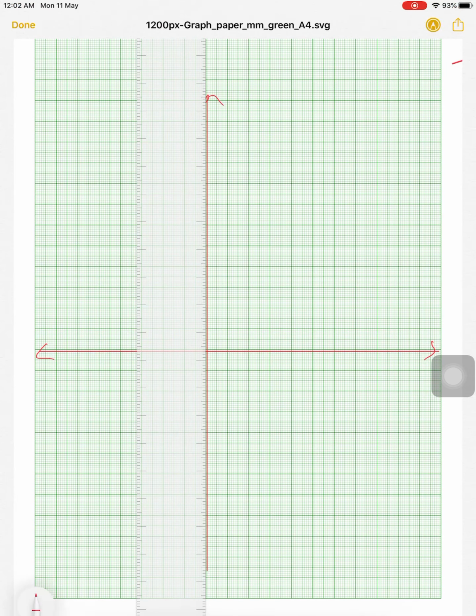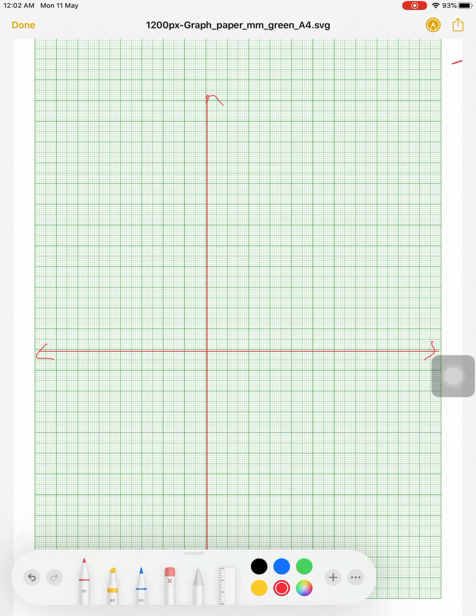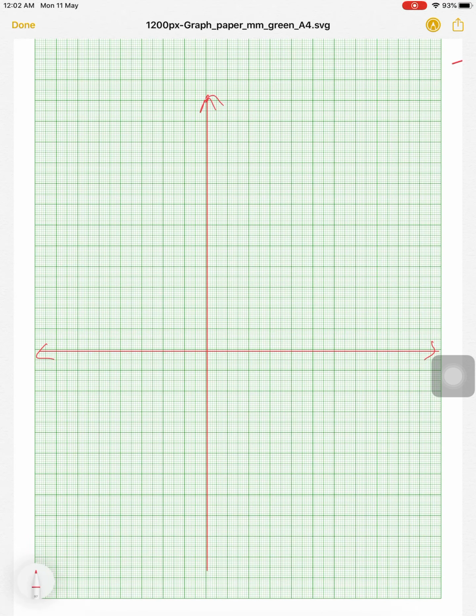And I shall try to put arrow marks like this. This is our x-axis and this is our y-axis, and we have taken the equation x plus y equal to 4, and we have found out the ordered pairs already.